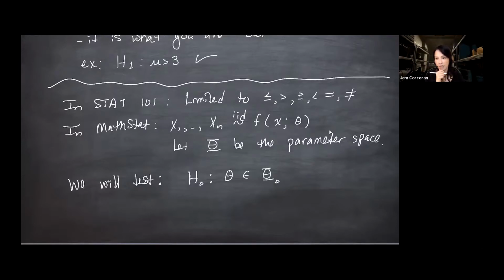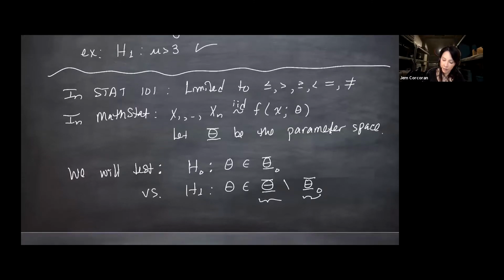So that's just going to be some subset versus the alternate hypothesis that theta is in the rest of the space. So I'm going to use this notation, the capital theta. This is a set minus notation. So it's everything that's in here and not in here. I mean, it literally means that you take this set and you intersect the complement of this set.